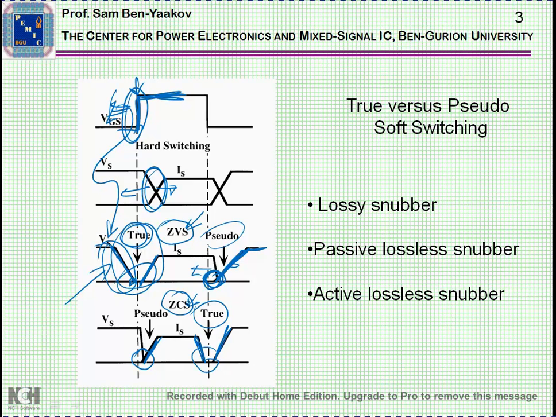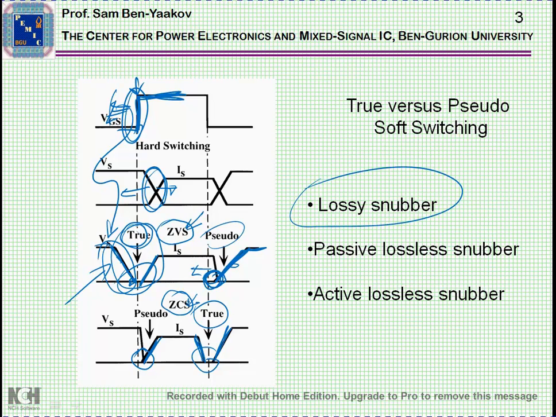So in general, we can talk about three types of snubbers. These snubbers, by definition, slow down or reduce the rate of changes. We can talk about the lossy snubber.